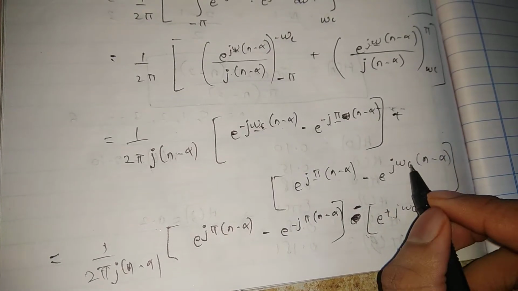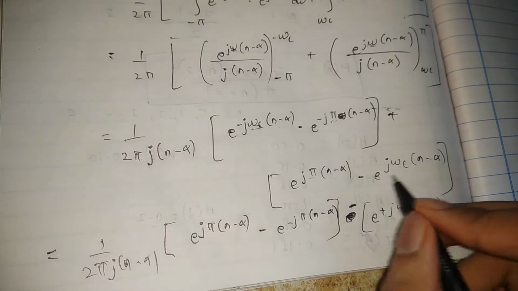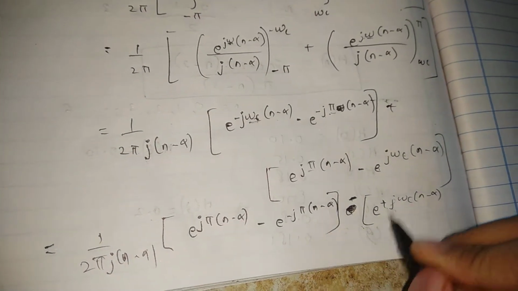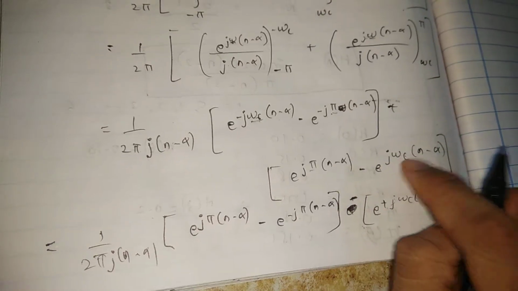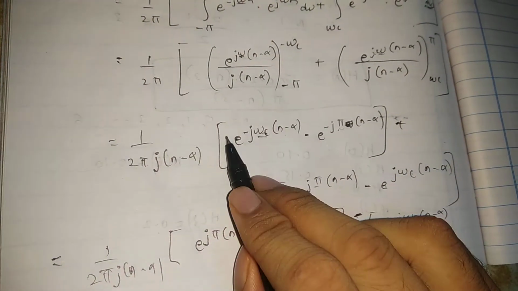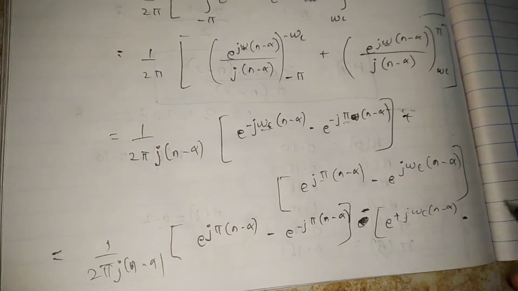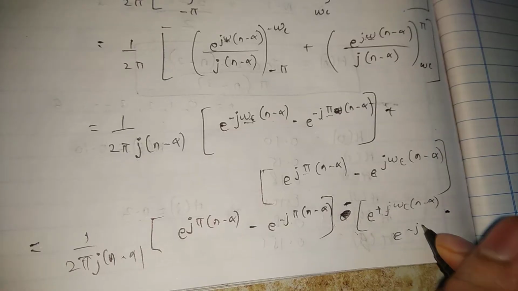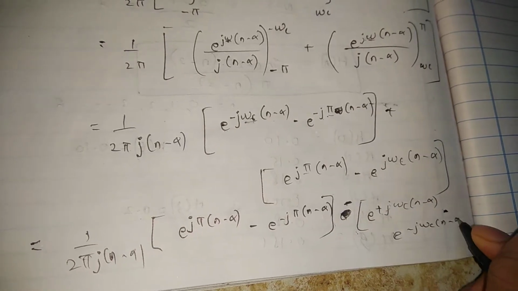I will take this term, I am taking minus sign common, e raised to plus j omega c n minus alpha. I just took this term first, and then I will write this term. Then you can see this positive sign over here, so I will write it negative, because negative times positive. So e raised to minus j omega c n minus alpha.